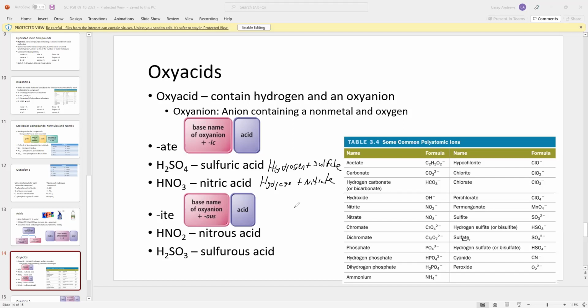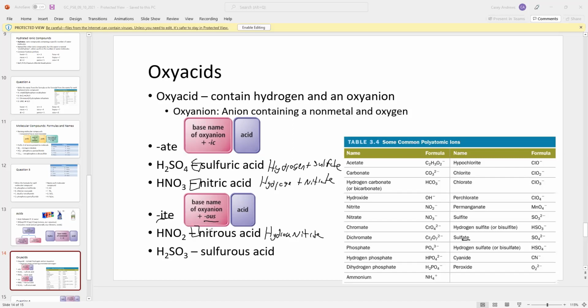However, if your oxyanion ends in an ite, it becomes ous. So here we have hydrogen plus NO2. NO2 is nitrite. So that's why it's nitrous. Note, these do not get hydro in front. That is wrong. This is not hydrosulfuric acid.